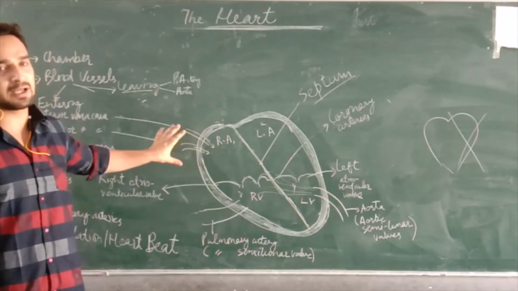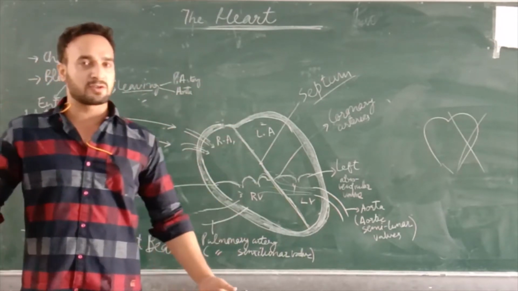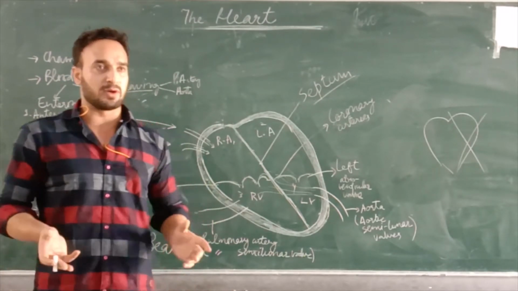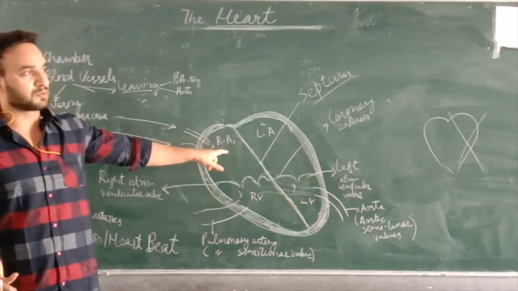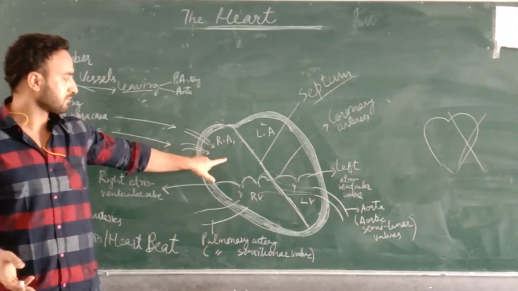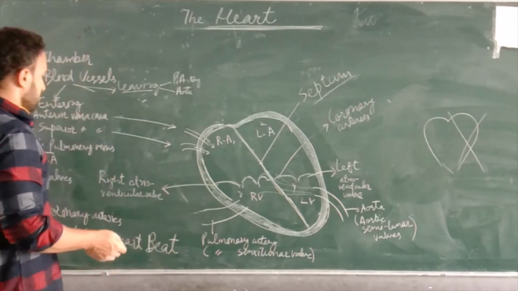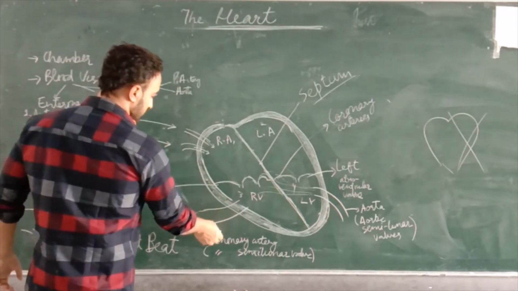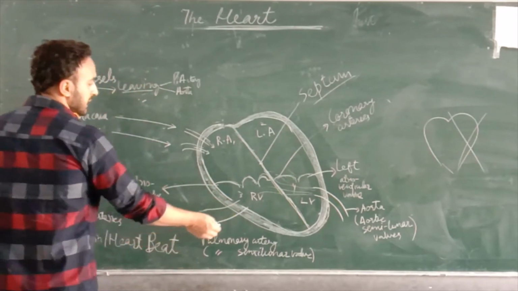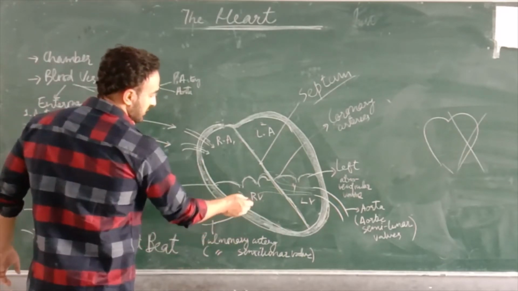The job of the vena cava, whether it's inferior or superior vena cava, is collecting the blood from the different parts of the body and releasing that blood into the right auricle. Understand? Now there is another blood vessel which leaves the right ventricle.